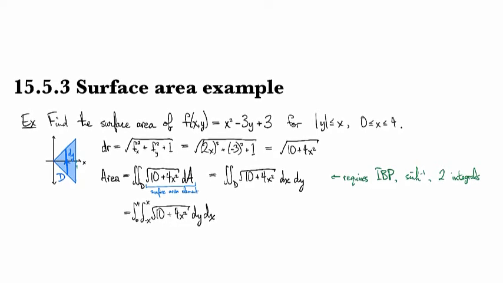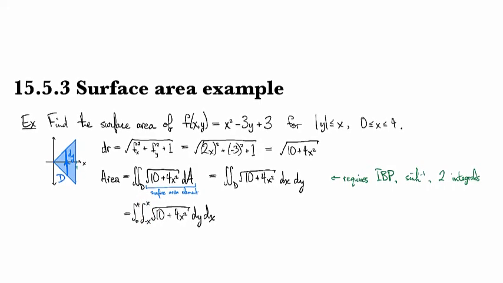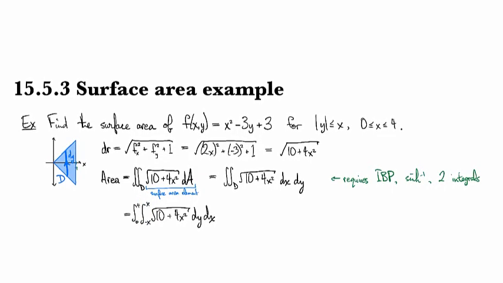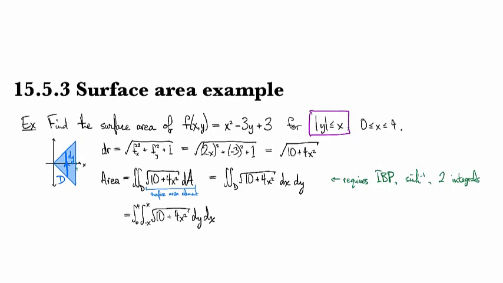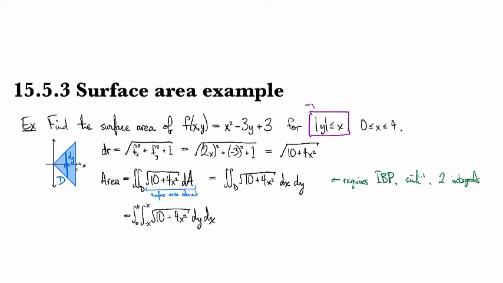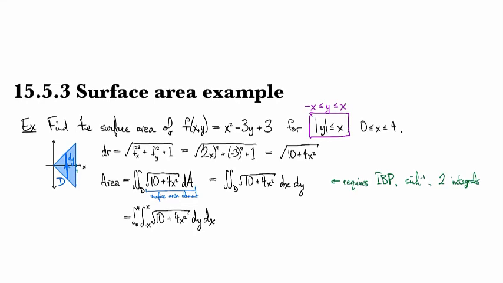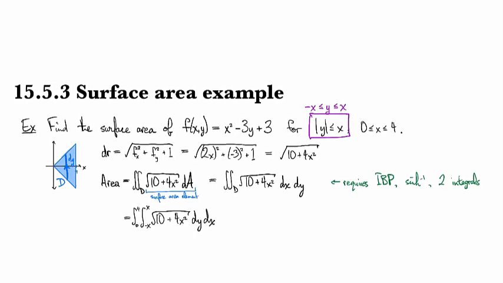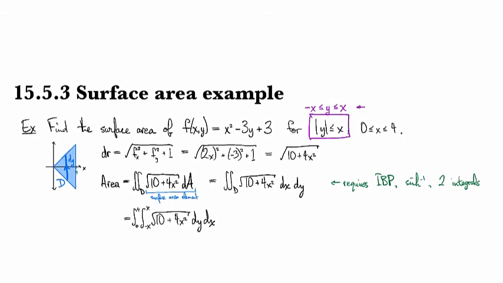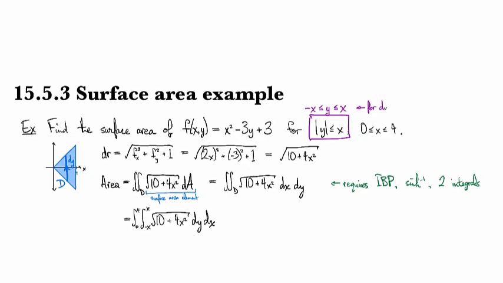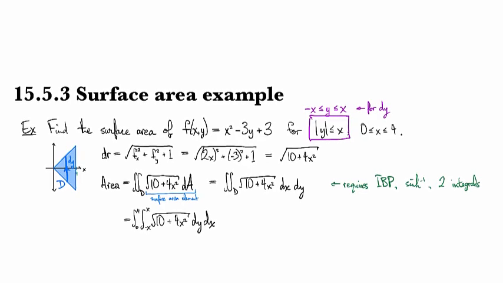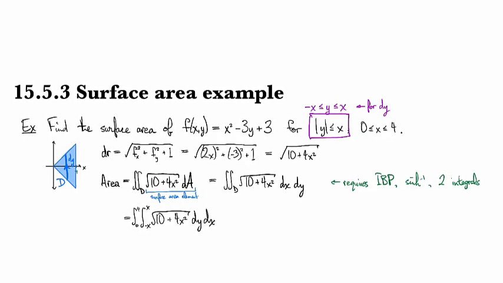If you were wondering where I came up with this integral from minus x to x, that's coming from this part of the bounds right here. This can be rewritten as minus x less than or equal to y less than or equal to x. That's telling you exactly the range of integration for the dy integral.